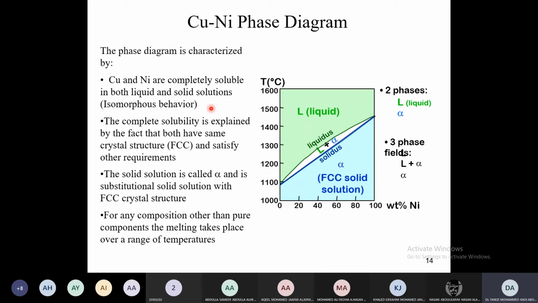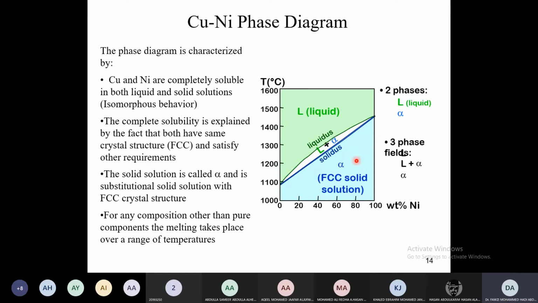Isomorphous: it has one single crystal structure type all through with different compositions, and this gives unlimited solubility of one into the other.